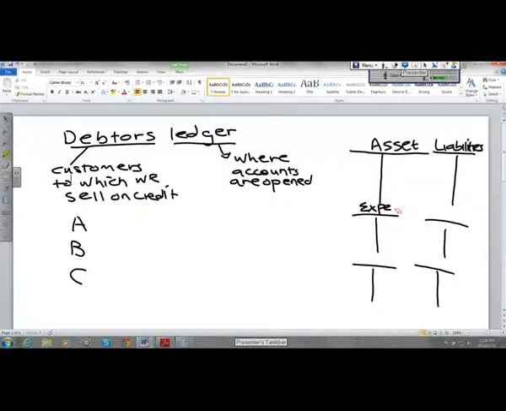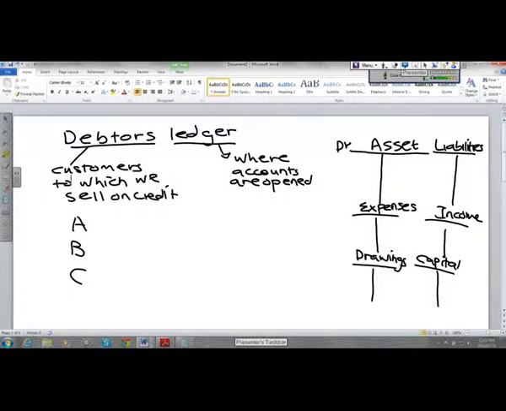So we've got expenses, income, drawings, and capital.